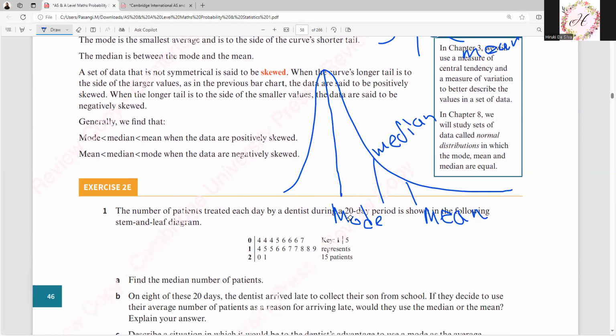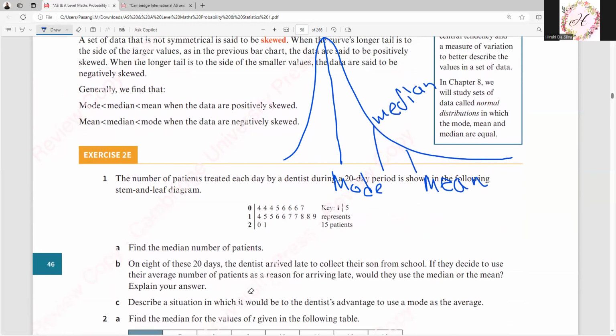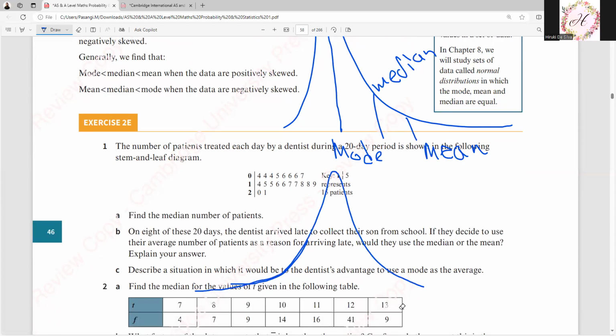And if it's negatively skewed, that means the left side arm will be skewed. ඒ කියන්නේ දිගට tail එකක් විදිහට එනේ. එතකොට then what will happen? Mode comes here. එතකොට here we have mode. මෙතන තියෙනවා median.